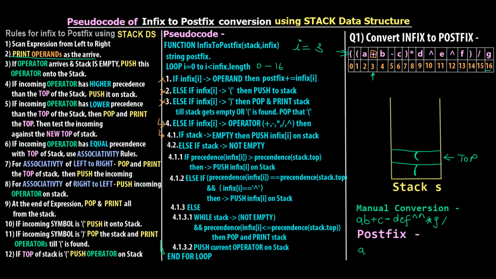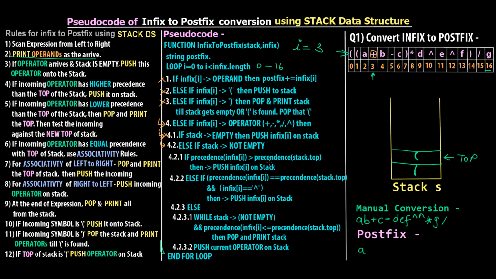So we have 4.1. In step number 4.1 we check if stack is empty. Is it empty? No, we have 2 elements or 2 symbols which are 2 opening brackets. So stack is not empty. So 4.1 will not be executed. So we will go in the else if part, which is stack is not empty. So in stack is not empty we have 4.2.1, which states that if precedence of infix of I is greater than the precedence of stack of top.